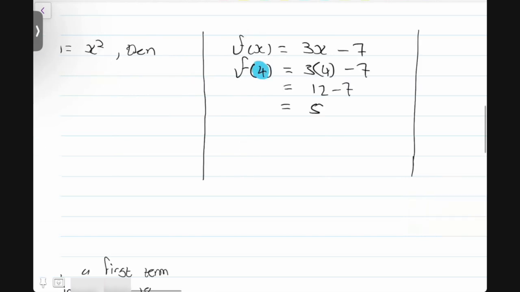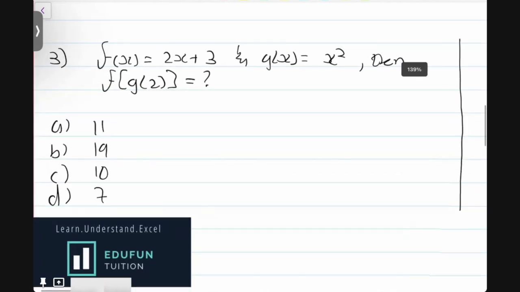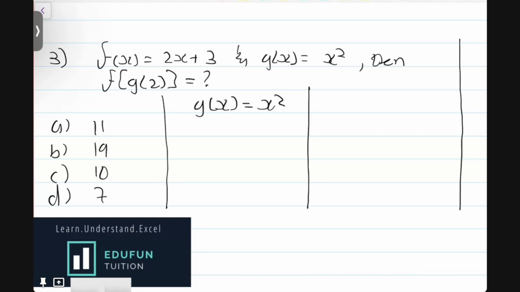Now, what's going on this side is a very similar concept. So what we are going to do first is start off with g of 2. So we're going to write down g of x. G of x is equal to x squared.